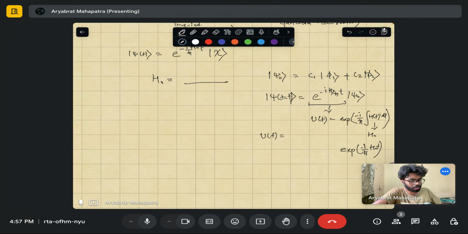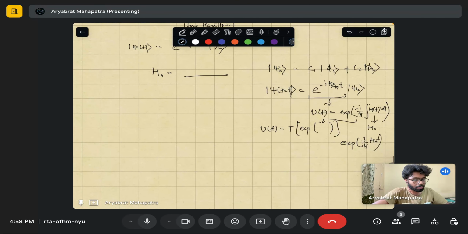So we write the exponential of this entire thing with time ordering: we break the time into intervals in a sequence and then integrate.